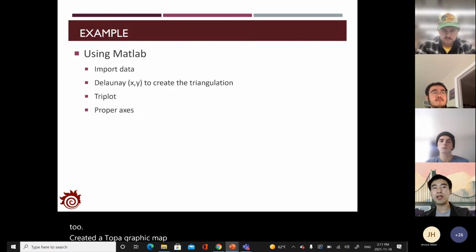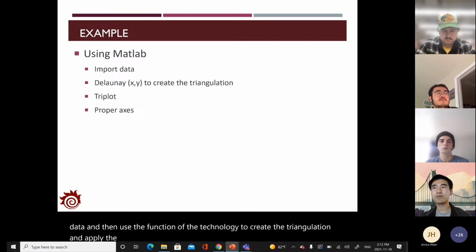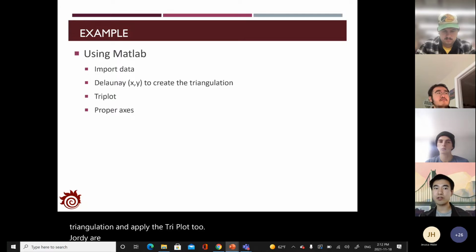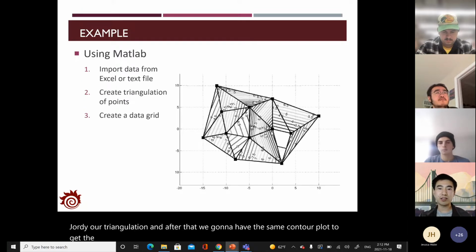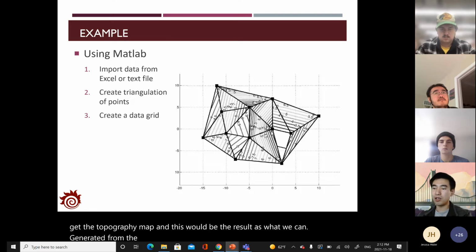Generally, we can use MATLAB to first import the data, then use the Delaunay function to create the triangulation and apply triplot to draw the triangulation. After that, we're going to have a contour plot to get the topography map. And this would be the result that we can generate from Excel or from the MATLAB code.